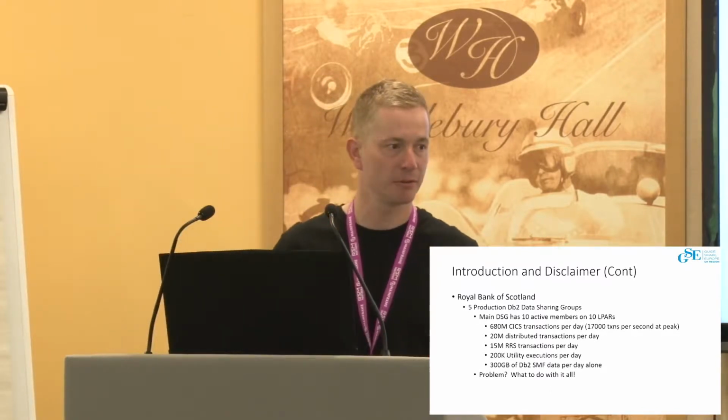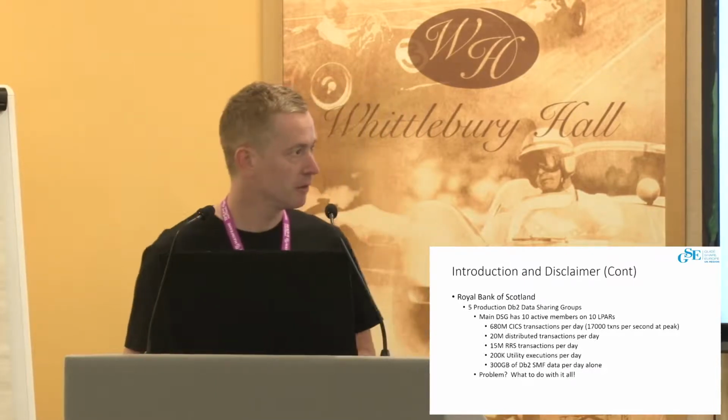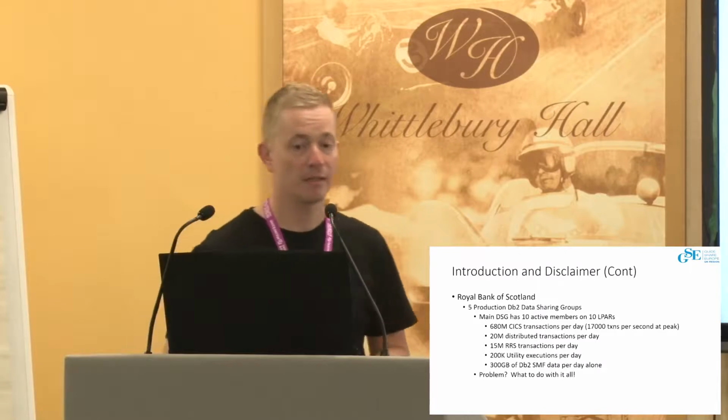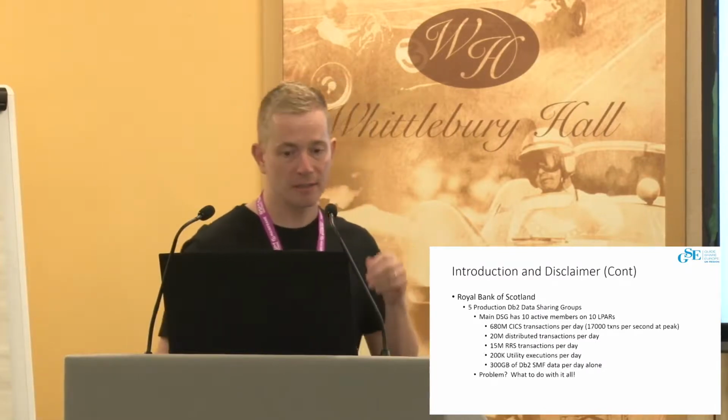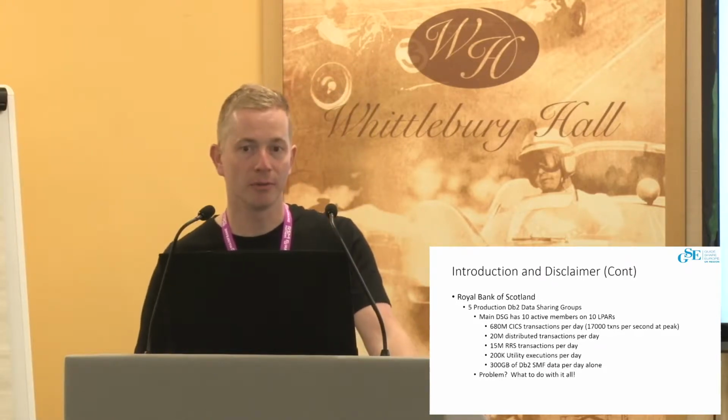Usually it averages at 500 million CICS transactions a day, about 20 million distributed transactions a day, 15 million RS, over 200,000 utilities executions per day, and all of which goes to produce over 300 gigabytes of SMF data for DB2 alone.